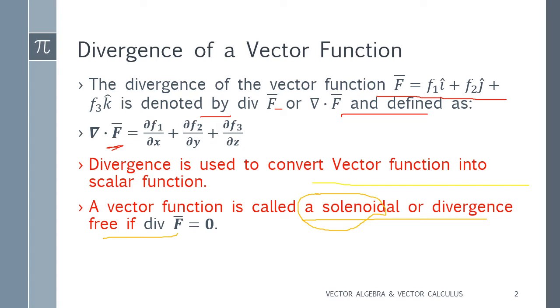Here I am giving some examples to practice, so that you can understand. Again repeating, sometimes in the question you will be asked to prove that the given function is solenoidal. It means you have to prove that divergence f is 0.